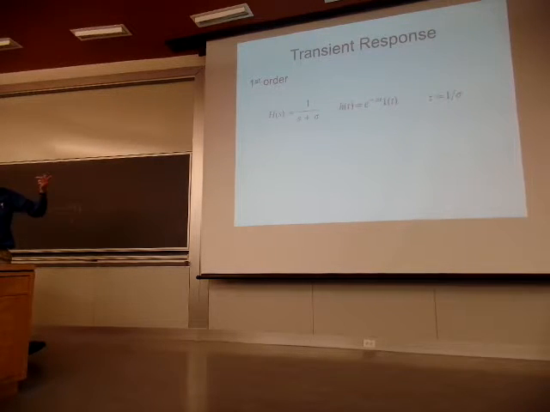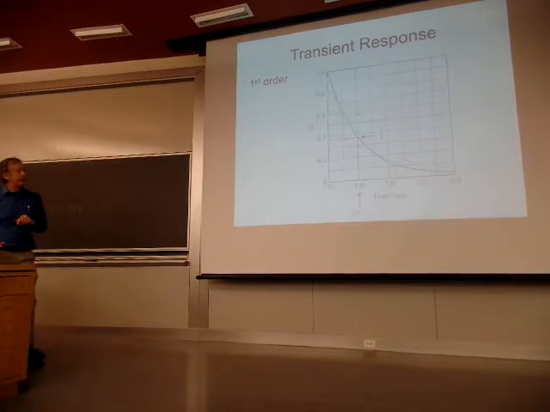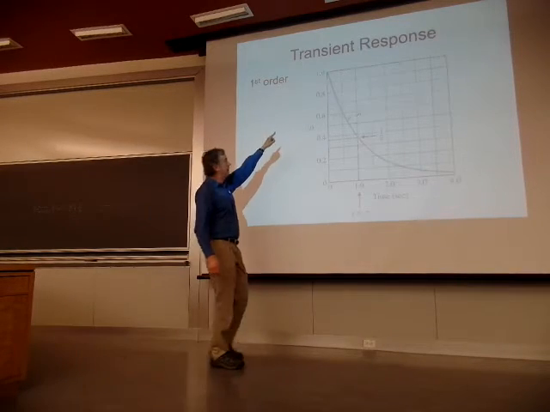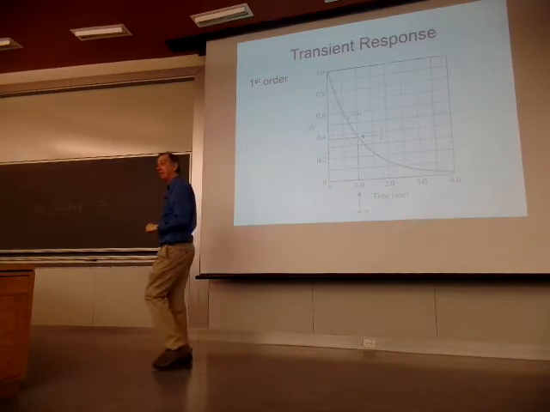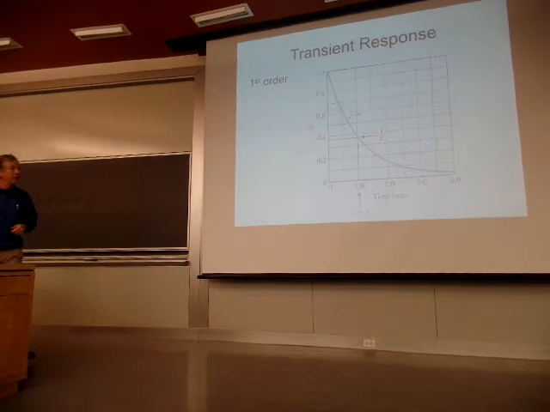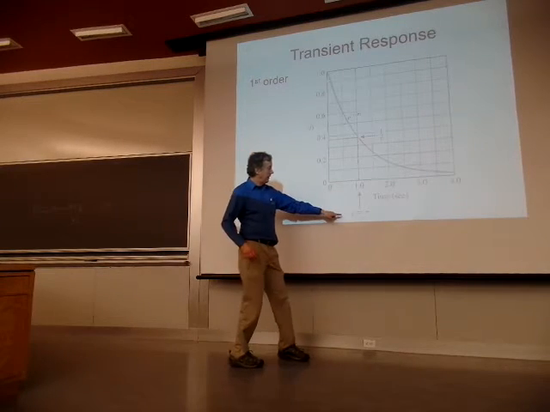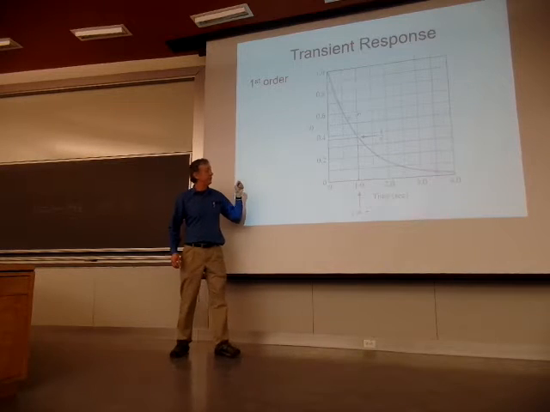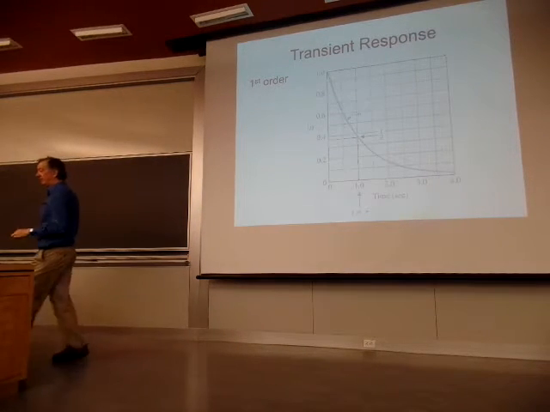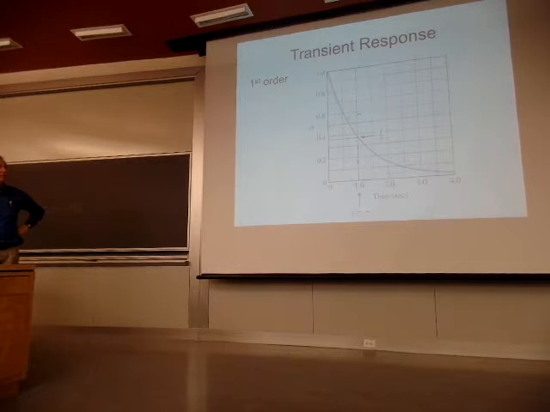Remember the response of this exponential transient starts at t equals 0 with value 1, and as t gets larger, it goes off to 0. Exponential decay. At the time of 1 time constant, it will be at 37%, or 0.37. Start from 1, at 1 time constant it will be 0.37, and at t equals infinity it goes to 0. Remember that one?